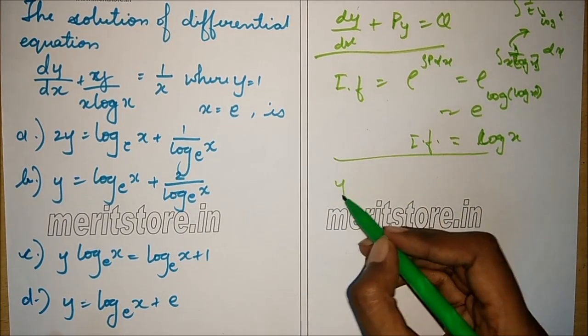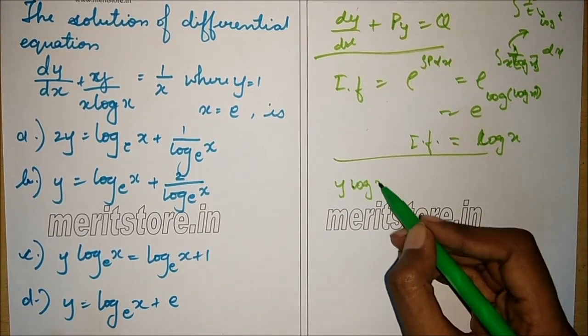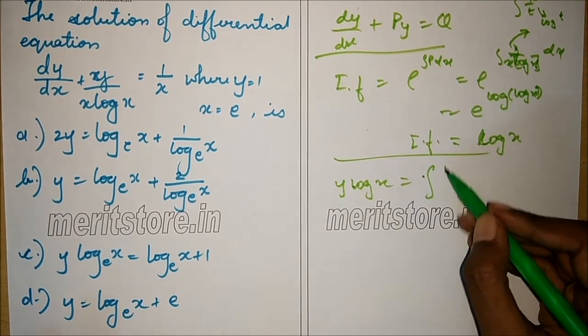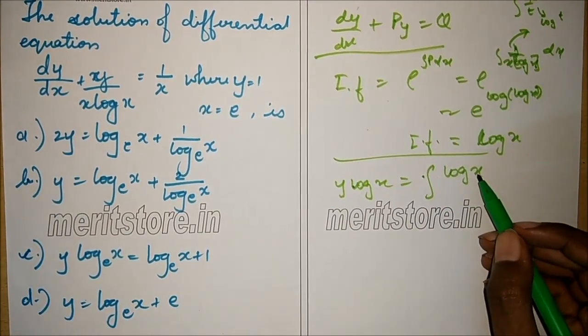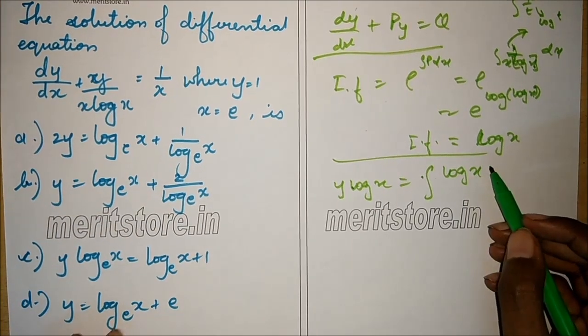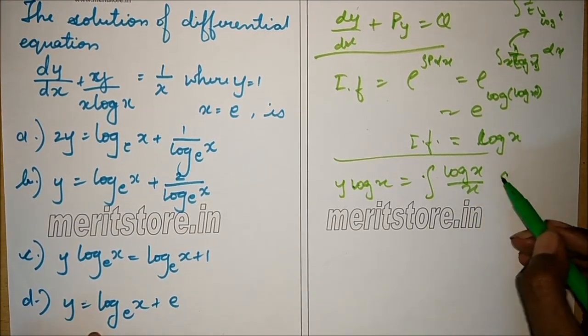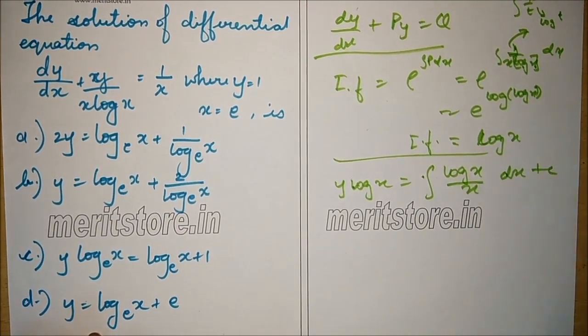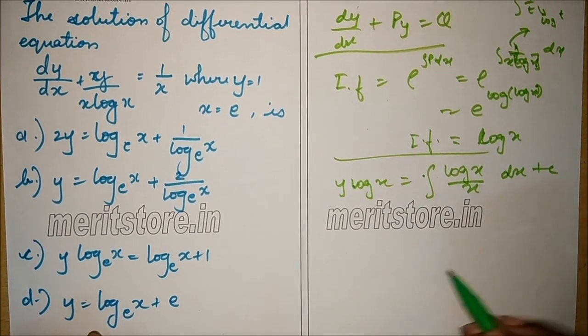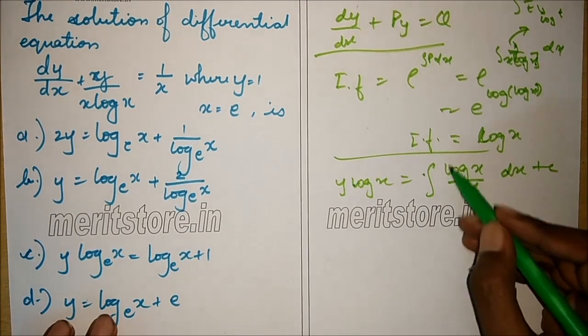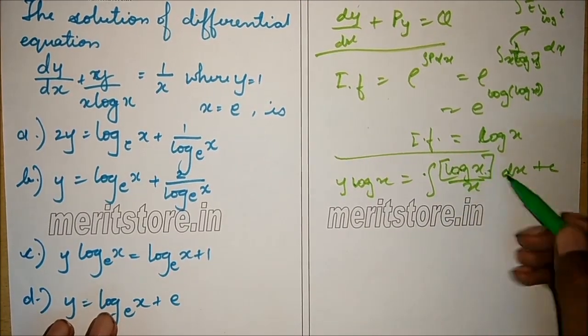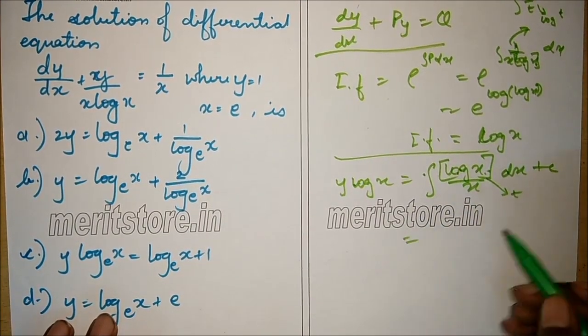So the solution will be y into the integrating factor, that is log x, is equal to the integration of the integrating factor into Q, that is 1 by x, dx plus c. So put log x equals t.